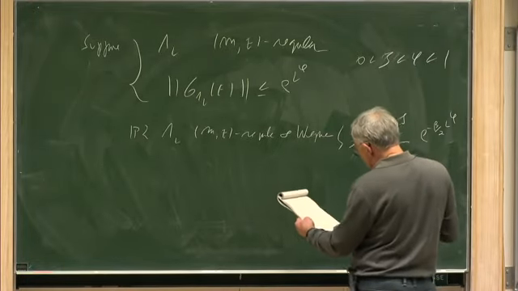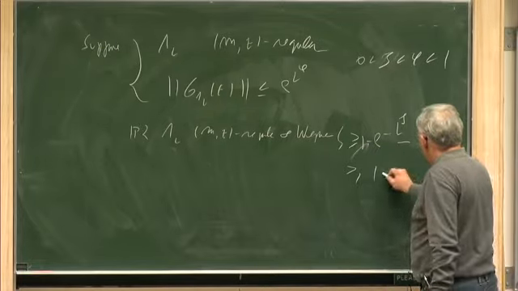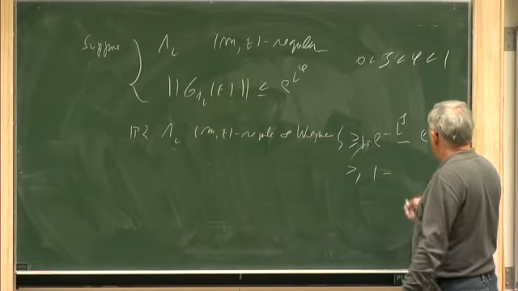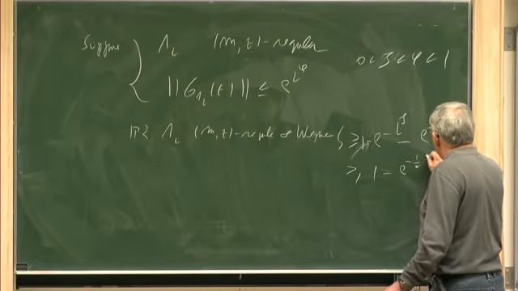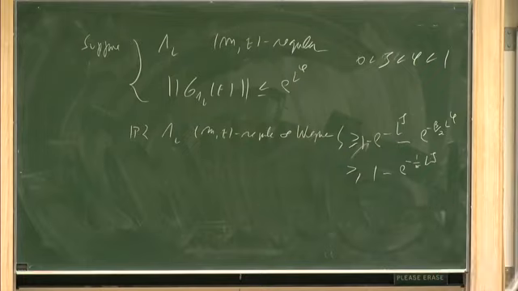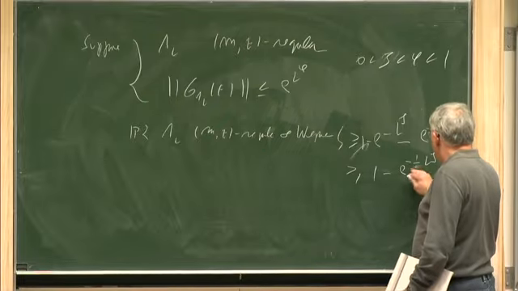So this gives me, let's say, bigger than or equal to minus 1/2 of L to the zeta. So by taking some zeta smaller, I can get rid of the 1/2.